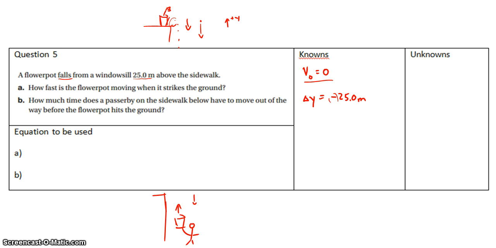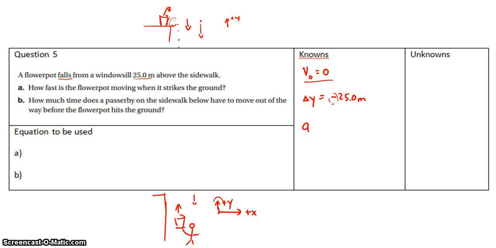But since it's falling down, and this is usually what we define as the positive y direction, right? Positive y direction, positive x direction. Since I'm defining up as the positive y direction, if a flower pot falls down, that's going to be negative 25 meters.